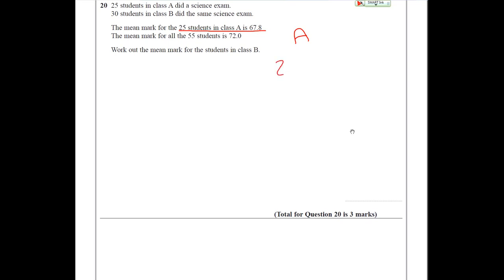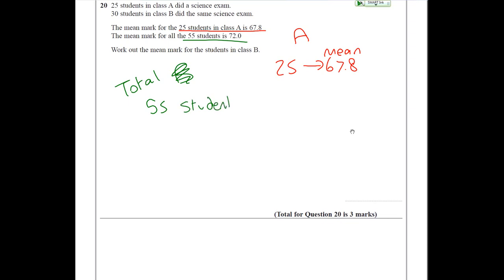The mean mark for all 55 students is 72.0. We want the mean mark for students in class B.